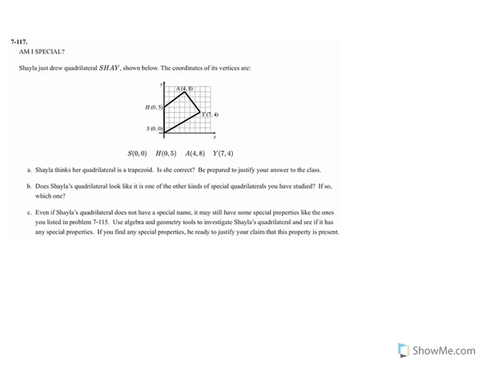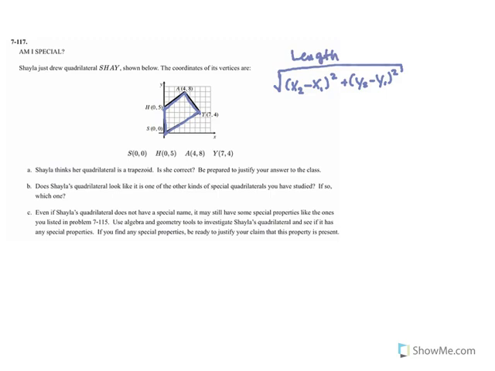So what I want you guys to do is find the length of each side, so all of these sides, and you're going to need that formula: the square root of x2 minus x1 squared plus y2 minus y1 squared.